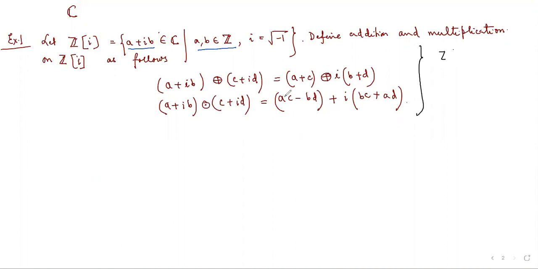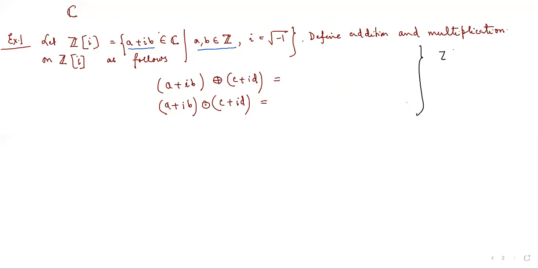I can implement this dot over here like A dot C, B dot C, A dot D, B dot D, like this, and this is the plus. Let me write it properly. These are the elements which I have considered from this particular set Z[i].